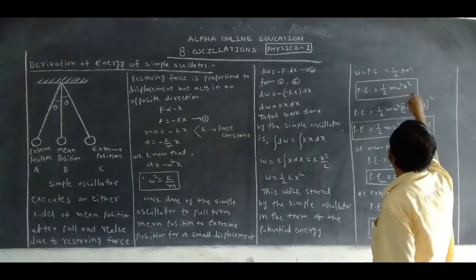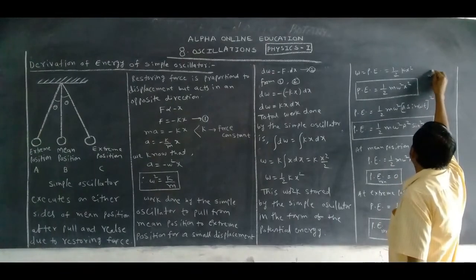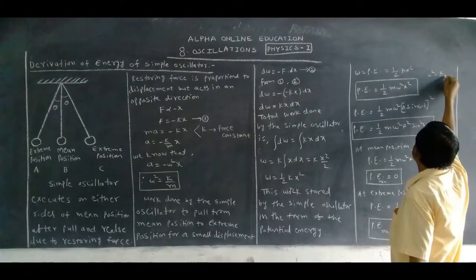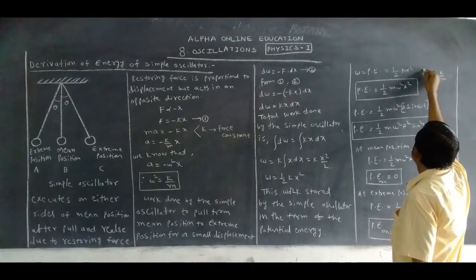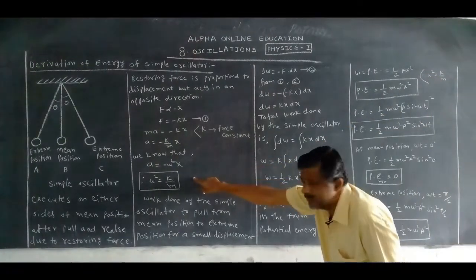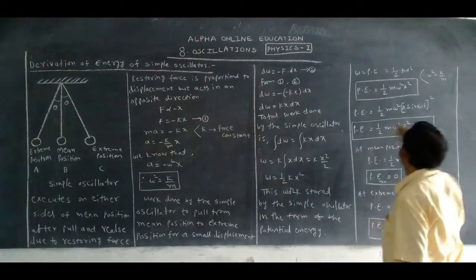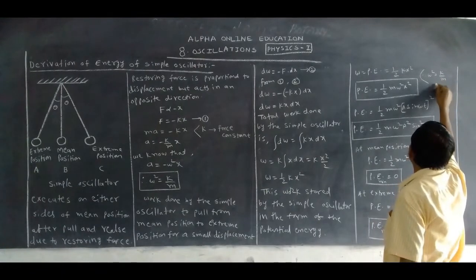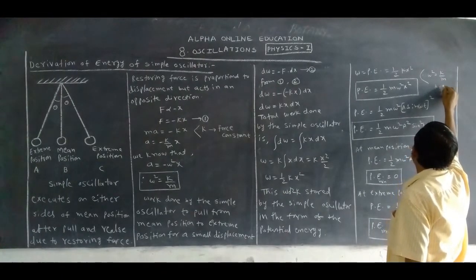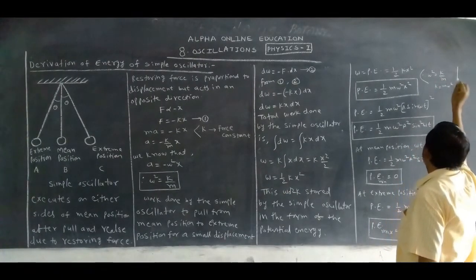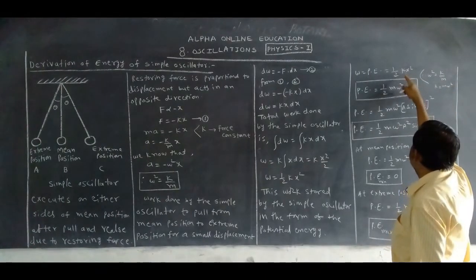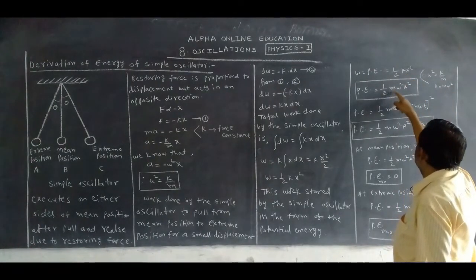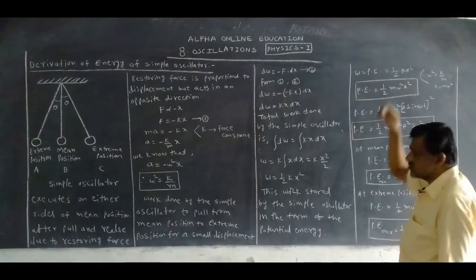How can we get this? We know that omega square is equal to k by m. From here, k is equal to m omega square. That's why in place of k we can write half m omega square x square.